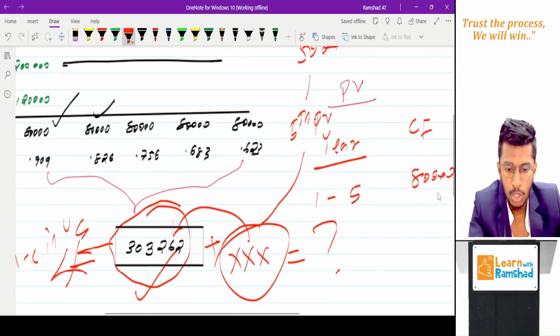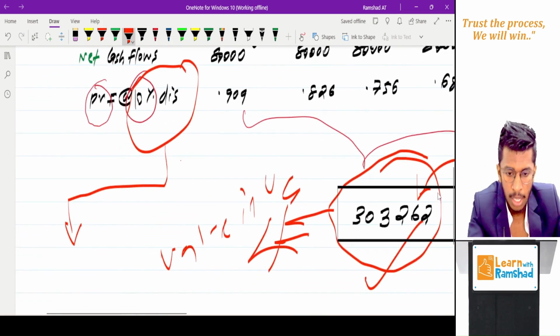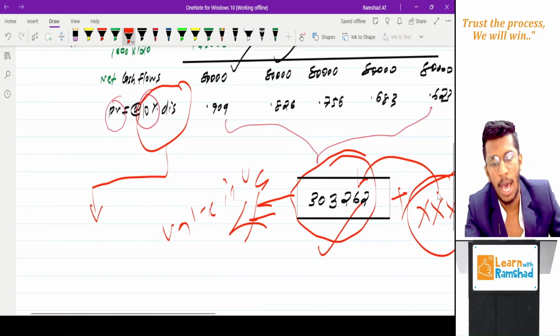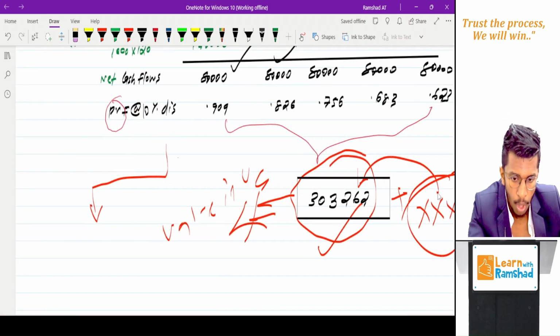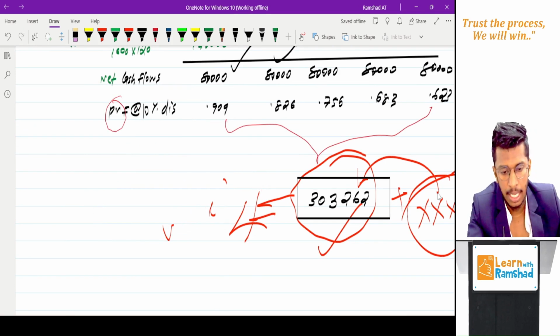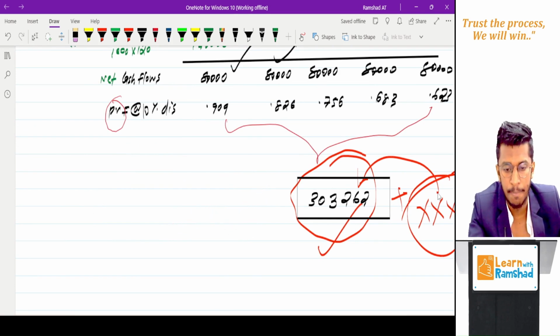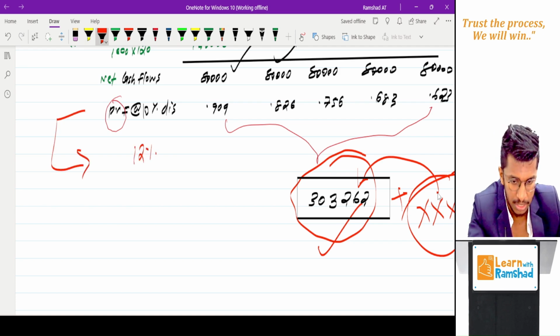But remember, during this current year, just imagine the interest rate has gone up by 2%. So let's say instead of a discount rate of 10%, in such a situation we have to take a discount rate of 12%.